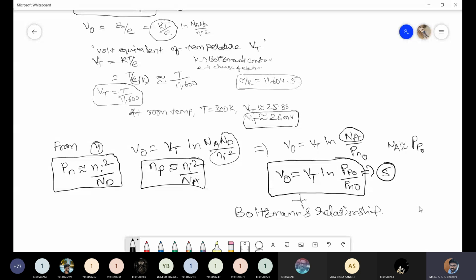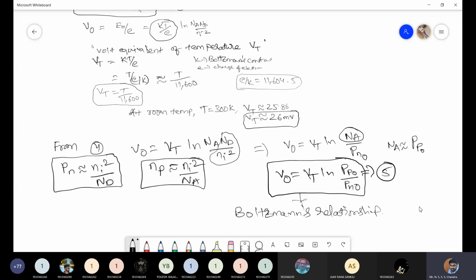So if you take the units of K, I think it's joules per coulomb or something. Overall, if you write this expression, you will get a value in voltage. So I can say that this is the voltage value at a given temperature, the volt equivalent of temperature. So I'm taking the K value to the denominator.